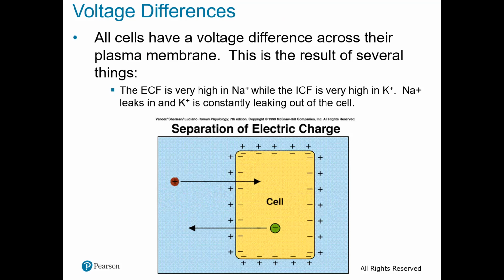But the presence of these two ions, sodium outside, potassium inside, generates a charge, like a battery. So we tend to have a positive charge on the outside of the cell and a negative charge on the inside of a cell. I'll explain how a positive potassium can give us a negative charge.